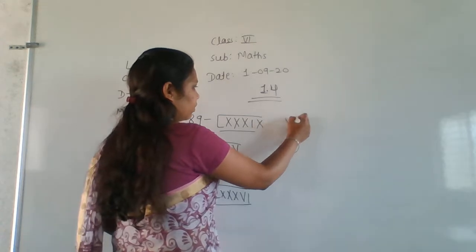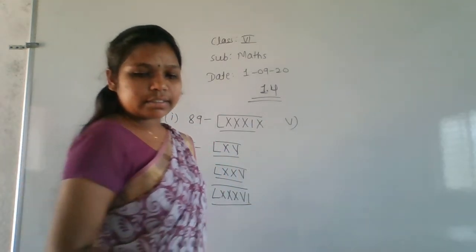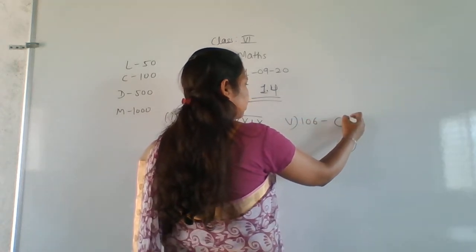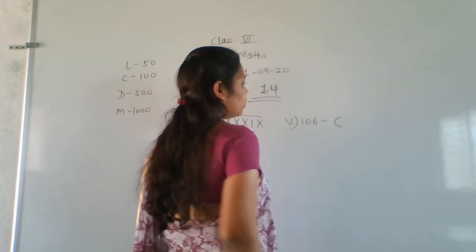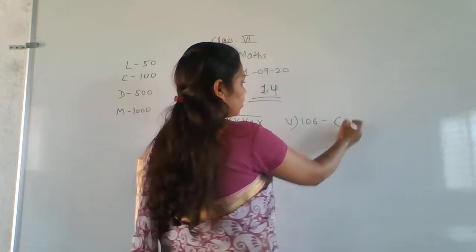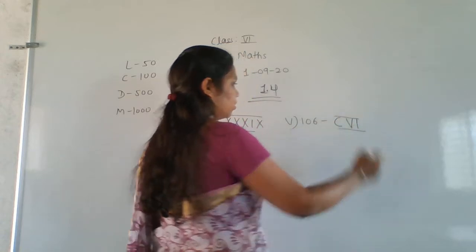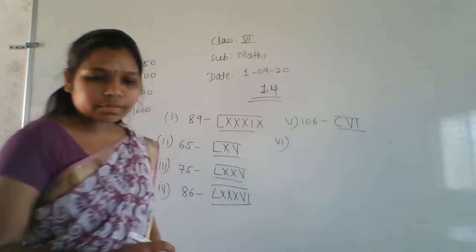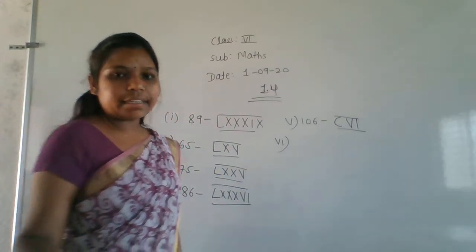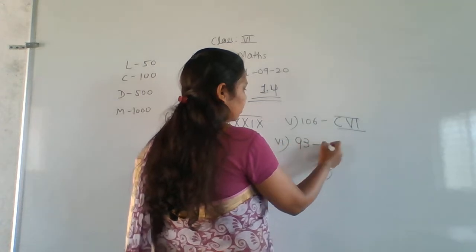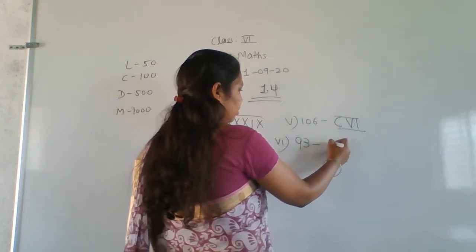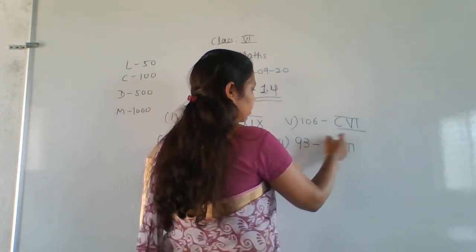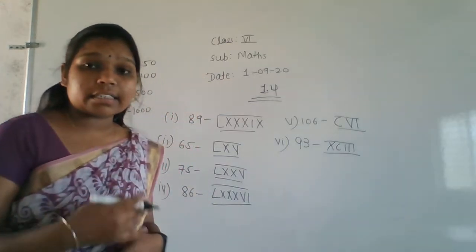Fifth one, that is 106. 106 means C and 6. How to write the 6? Like this. 106. Next, sixth one, 93. How to write 93? XC 3, because 90 means XC.